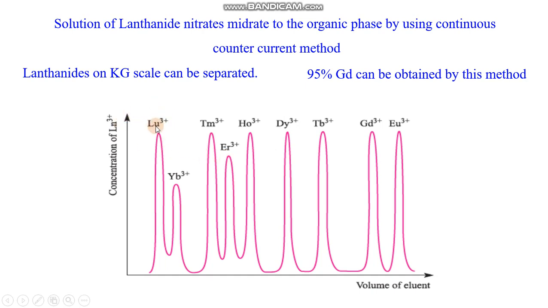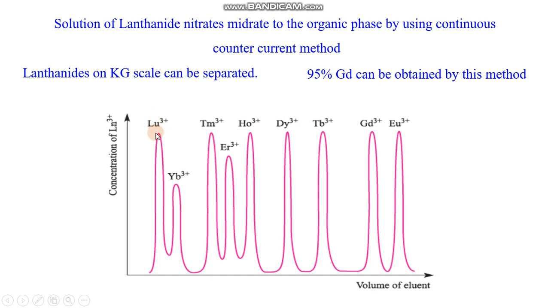So lutetium is obtained first during the elution process, and europium 3+ is obtained at the end of the process. It means the EDTA complex of europium has smaller size, and the EDTA complex of lutetium and its hydrated ion has larger size.